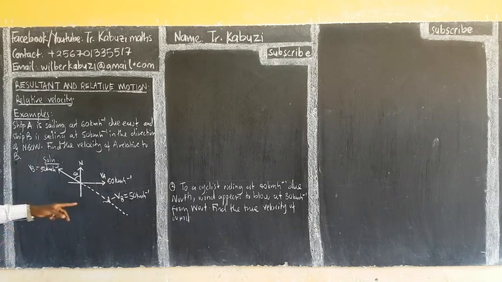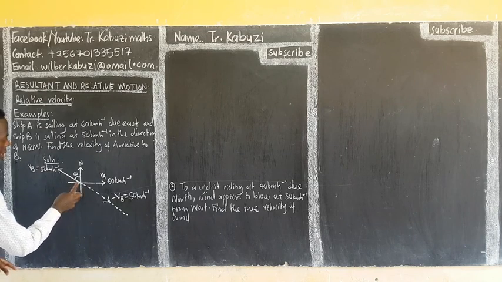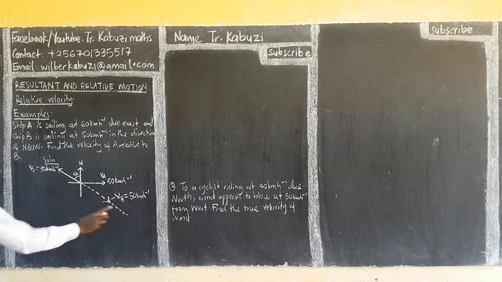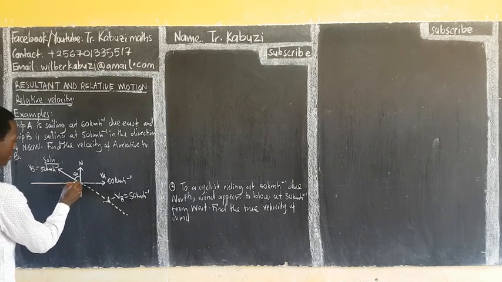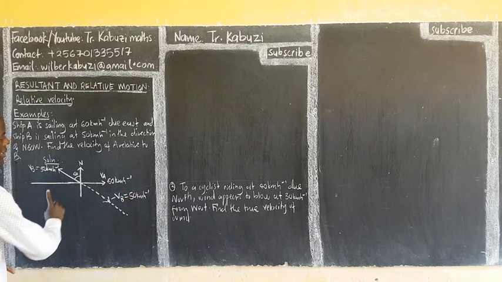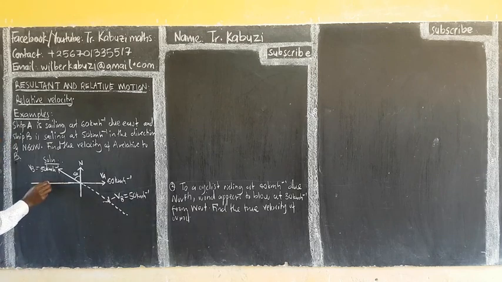Now, to get the resultant, I will get the positive of this plus the negative of this. So I can extrapolate this in this format. It's still due east, so this is going to be my 60 kilometers per hour. To get the relative, I will add this plus the negative of this.